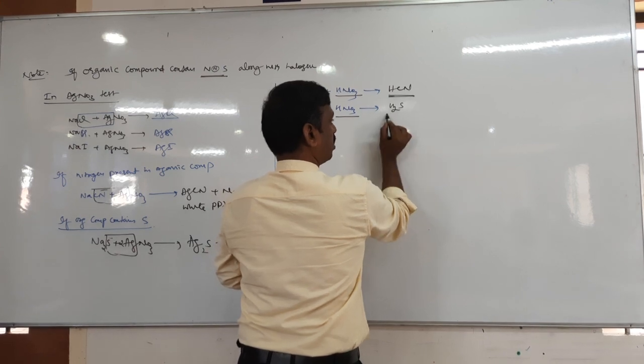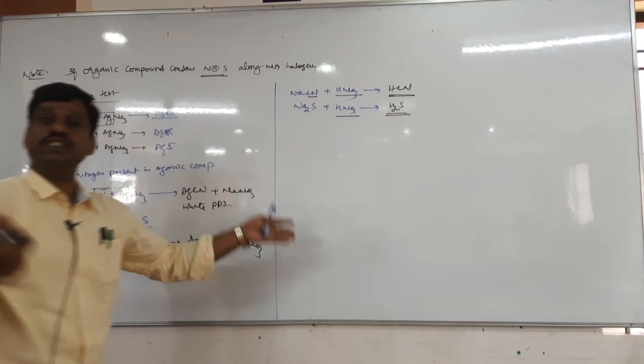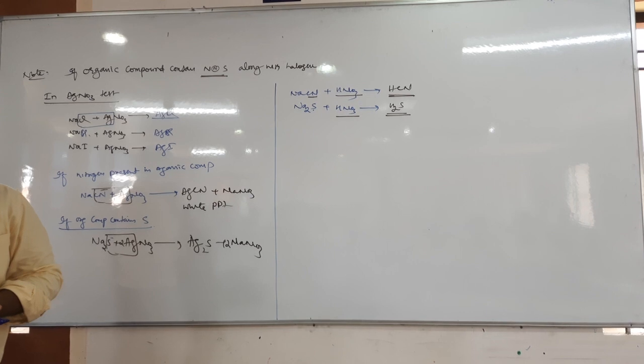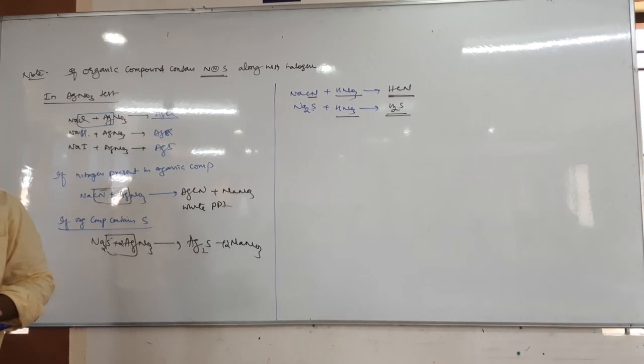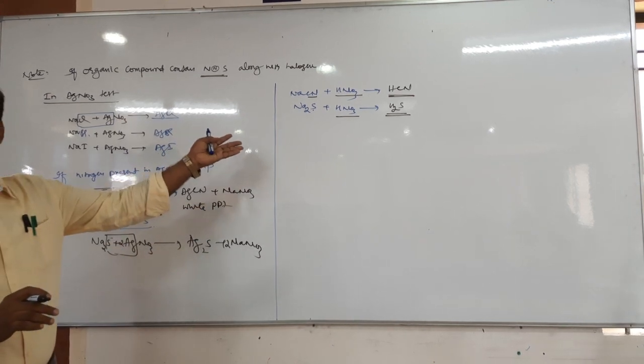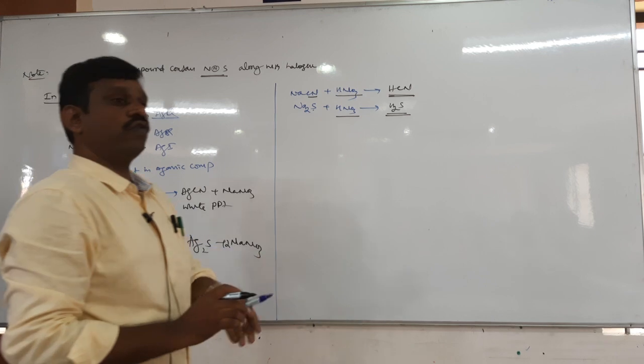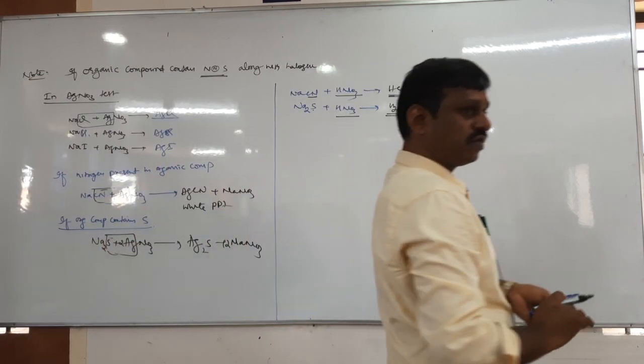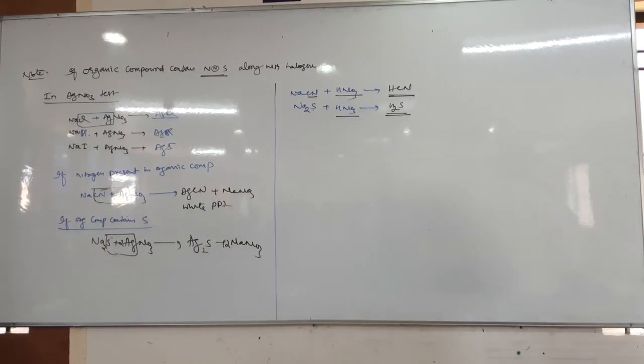Therefore, HCN and H2S do not react with silver nitrate. This is called destroying. When does this have to be done? Before the silver nitrate test. That is one important point in the detection of halogen.